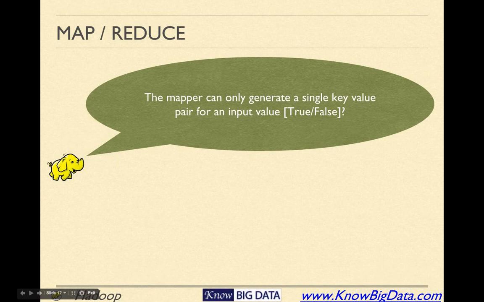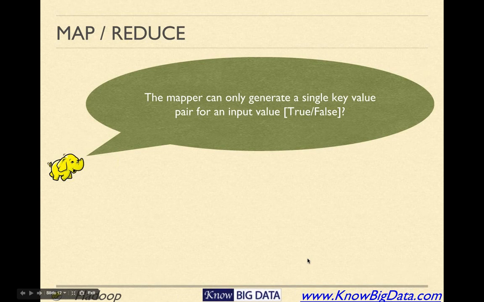How many keys did we generate for each line in case of word count? We split the line by space, then we iterated over this array and created the keys.